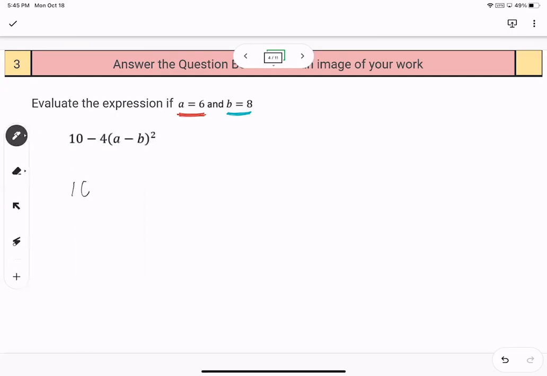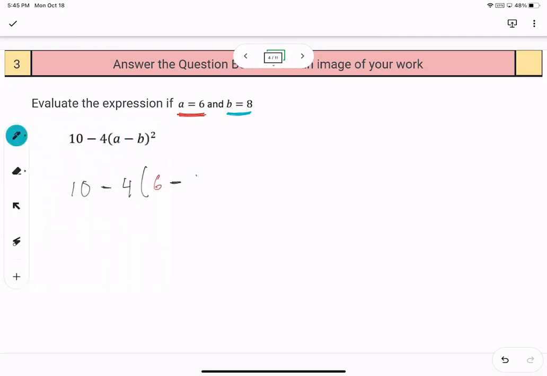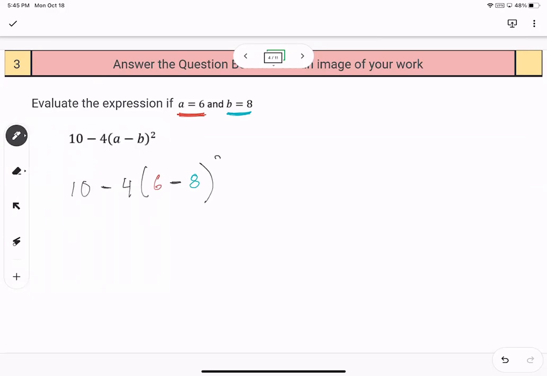So we have 10 minus 4 times, well, a is 6, 6 minus, now our b is 8. 6 minus 8, close those parentheses to the second power.